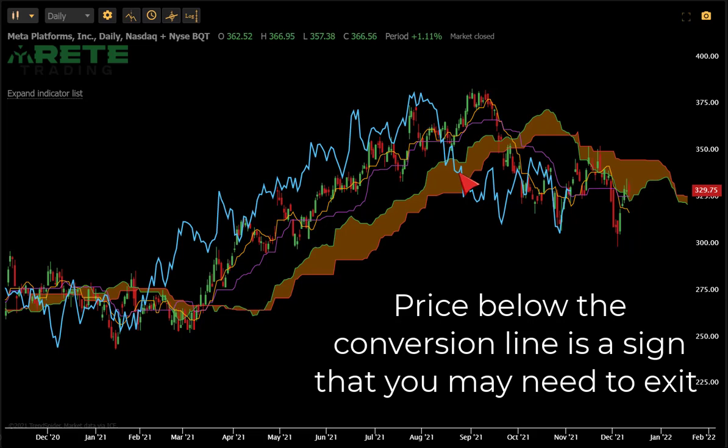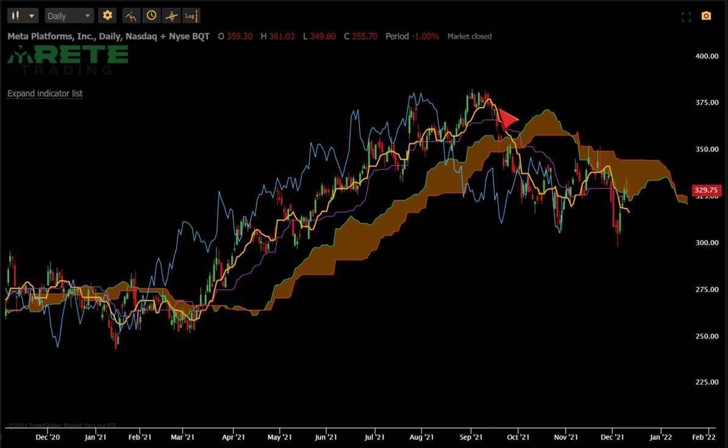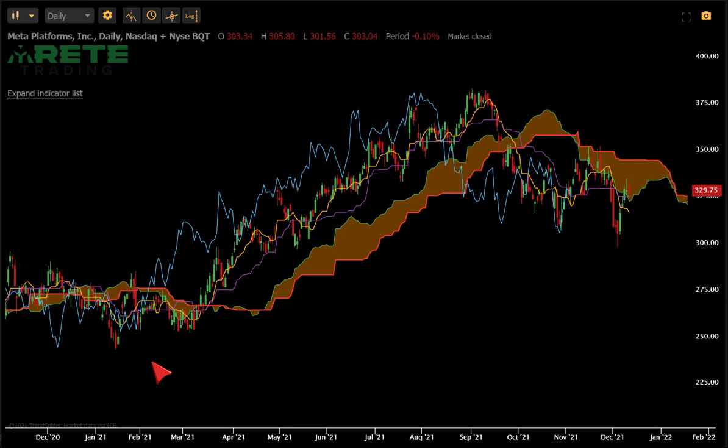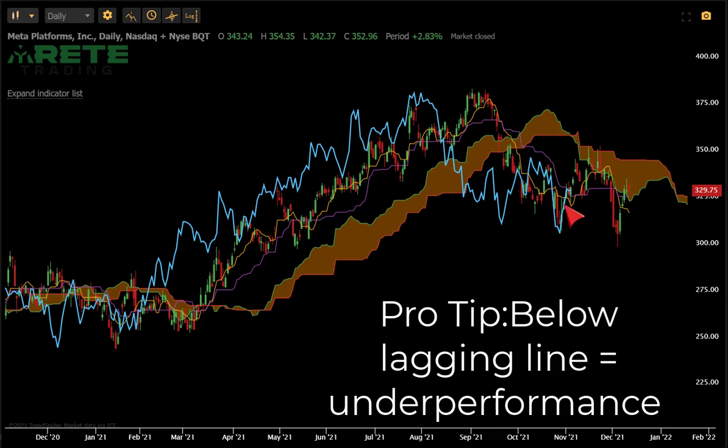Okay, so we have the lagging below, we have the conversion line below, and the final move and confirmation is when your conversion line breaks your baseline, and then you're out of the trade. So you can see pretty clearly how you would enter down here and you would have exited out here. And look at the complete underperformance since we've been below, and now we're below the cloud. So you might want to watch it a couple times.